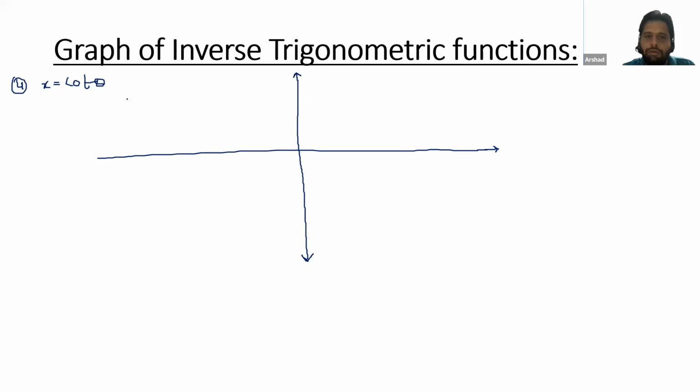Cot is not defined at 0, because cot is cos by sine, and sine is 0 for 0. So that's why this is not defined for 0. So we will draw a dotted line for 0. Next for pi. Next for 2 pi.